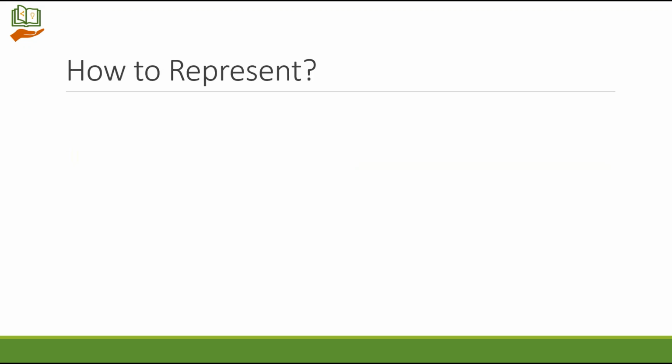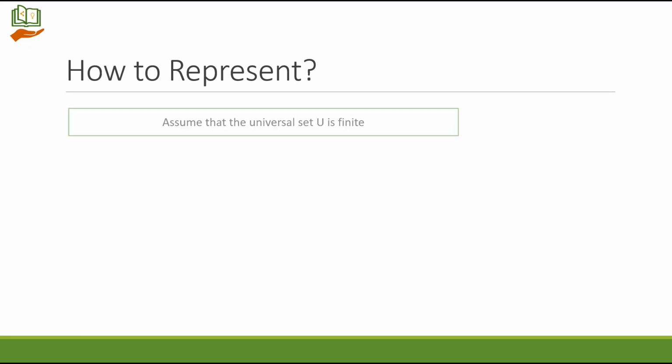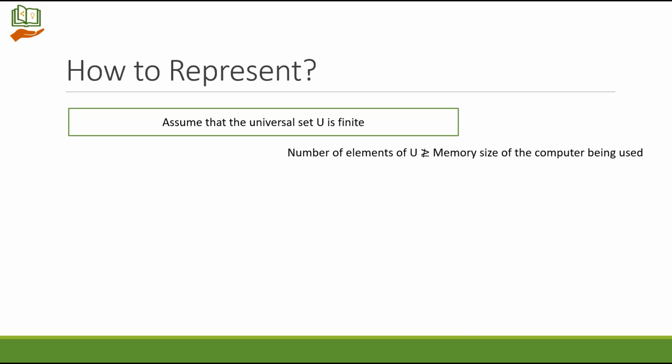So how are we going to represent set elements in computers? Assume that the universal set U is finite. Finite in the sense that you have a countable number of elements. Say for example, let's take 1 to 10. The number of elements of U will not be greater than or equal to the memory size of the computer being used.